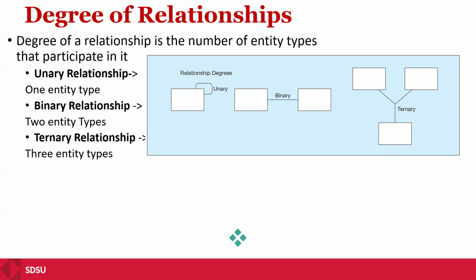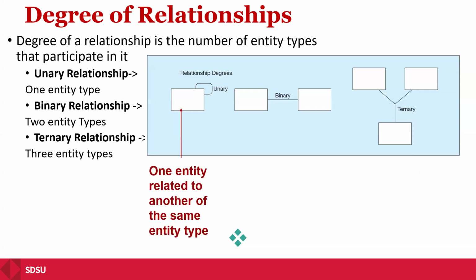We have a binary relationship when we deal with a relationship between two different entity types. And there's also the ternary relationship, when three different entity types participate in a relationship. We are not going to look at a lot of examples with ternary, but I'm going to show you one so you understand what it is. But ternary is beyond the scope of this course. All right, let's look at unary relationship examples.